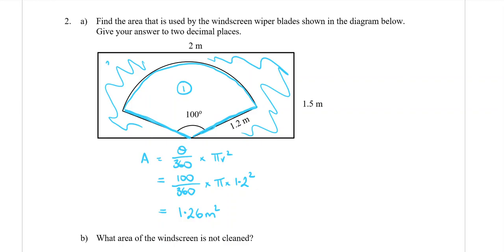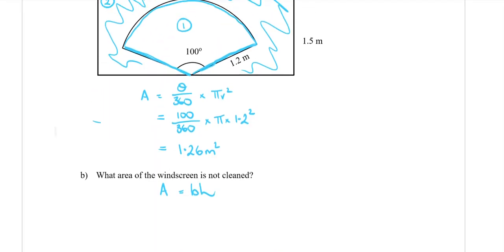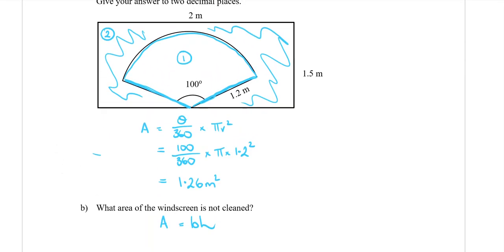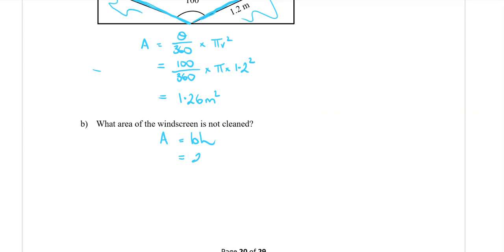So I'm going to call shape number 2 the area of my rectangle. The formula for the area of a rectangle is A equals BH. The base and the height of my rectangle is the 2 meters and the 1.5 meters. So it'll be 2 times 1.5, which equals 3 meters squared.